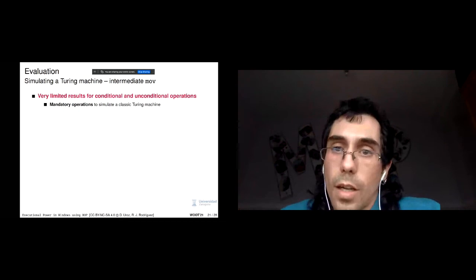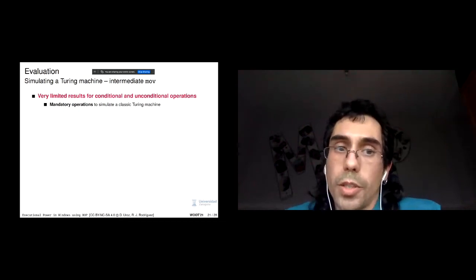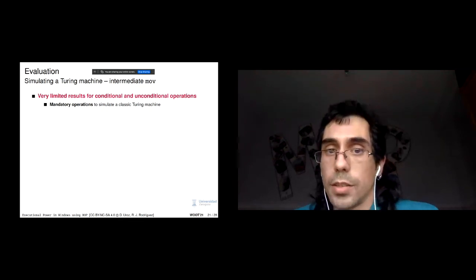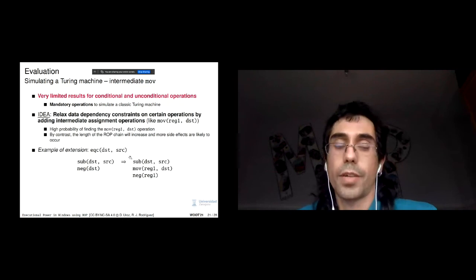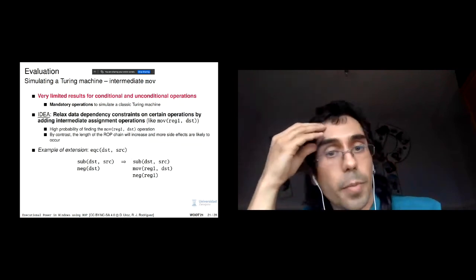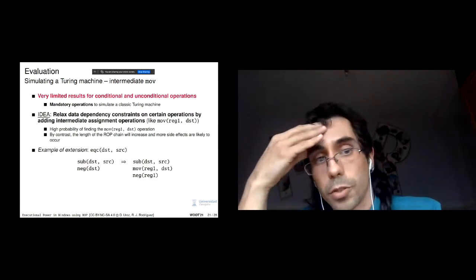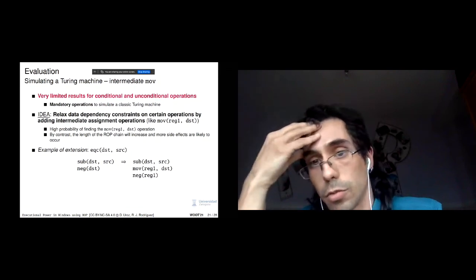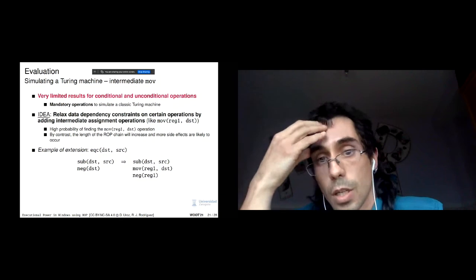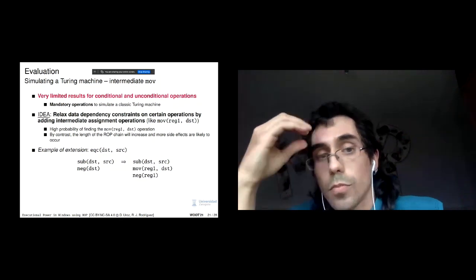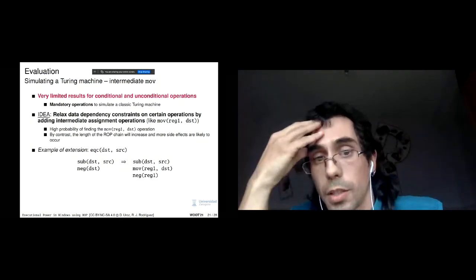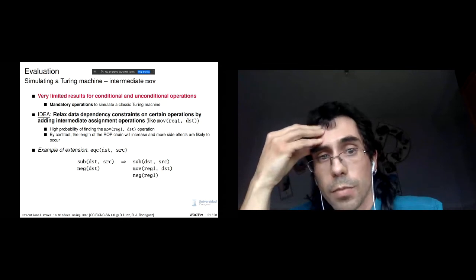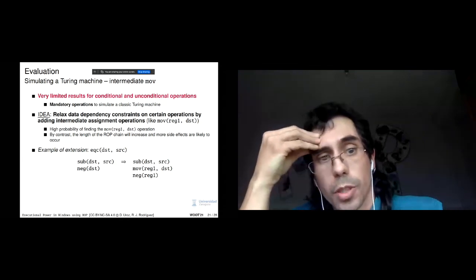As we have seen, we have very limited results for conditional and unconditional operations. And these kinds of operations are mandatory to simulate a classic Turing machine. So an idea is to relax the data dependency constraints on certain operations just by adding some intermediate assignment operations, for instance, with a move. This will increase our probability of finding some conditional and unconditional operations.